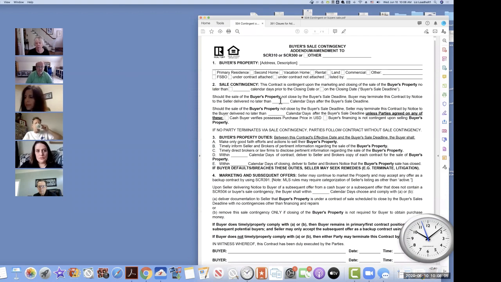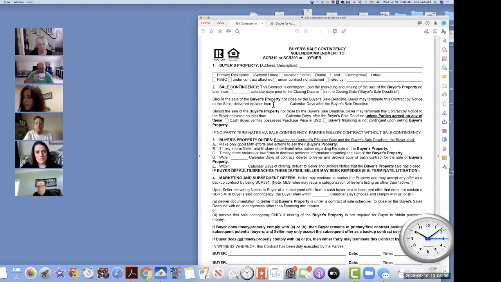So, what goes here? Typically, most people put 1. So you can put 2, but just know what it's saying. It's saying if the buyer's property is not closed by the deadline, so either by the closing date, which if everybody puts closing date, then you're not going to have a closing date of the new house. You're not going to be closing if this hasn't happened.